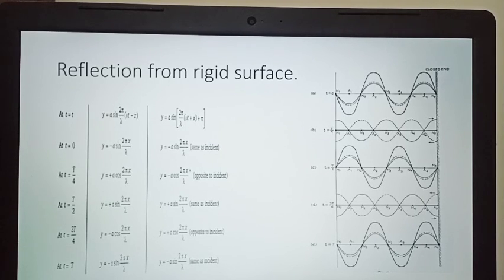So a 180 degree phase difference will be there, and after that we follow the same path: y1, y2, resultant y. Then you get the resultant wave equation, or the lambda equation, as 2L divided by n.